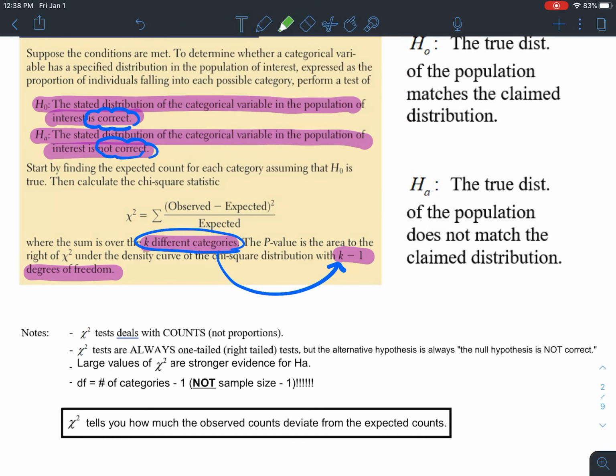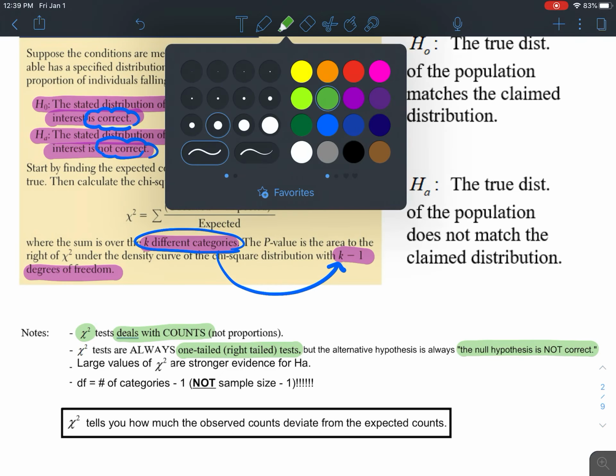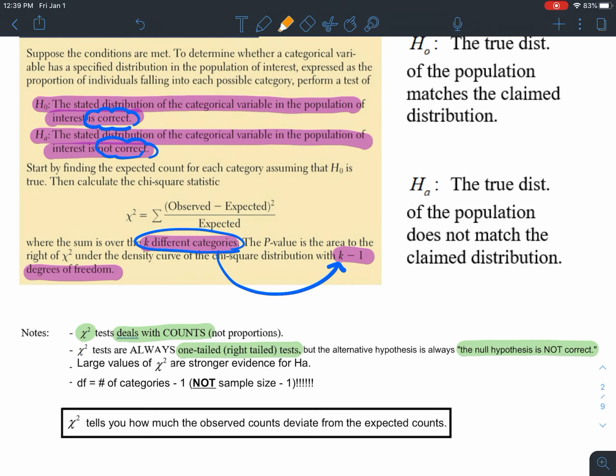A couple things I want to highlight: please note that the chi-squared test statistic deals with counts, not proportions. You'll see why in a moment, but the chi-squared test is always a one-tailed test to the right. The alternative hypothesis is always essentially saying that the null hypothesis is not correct.